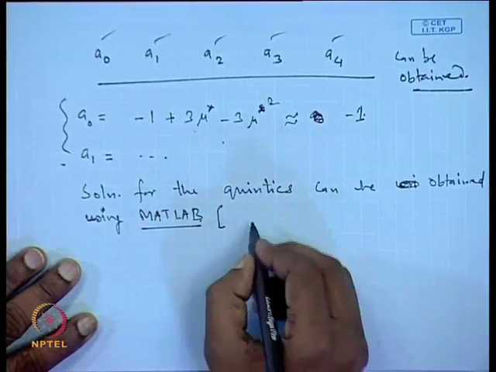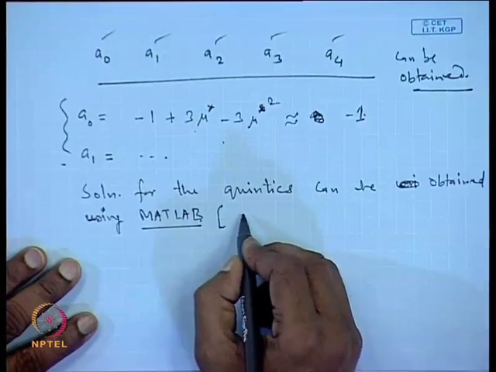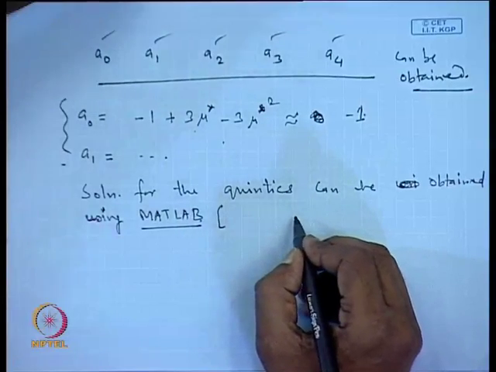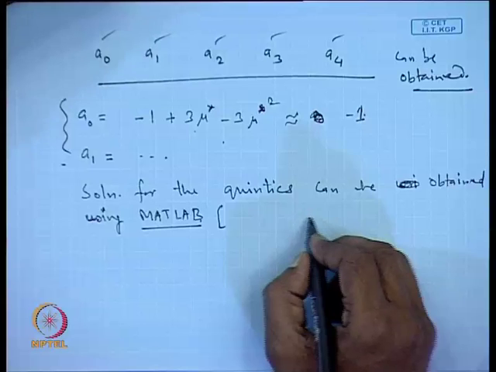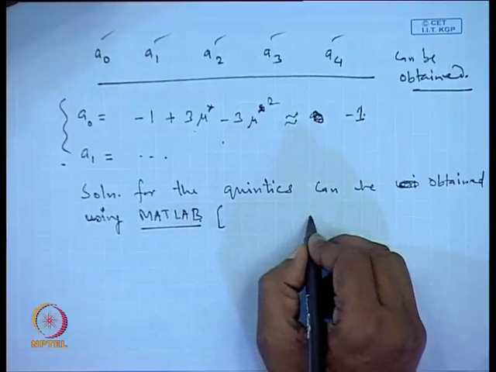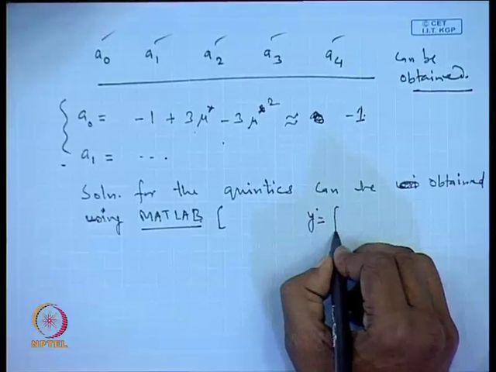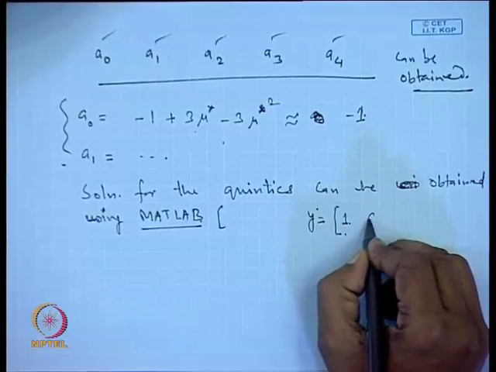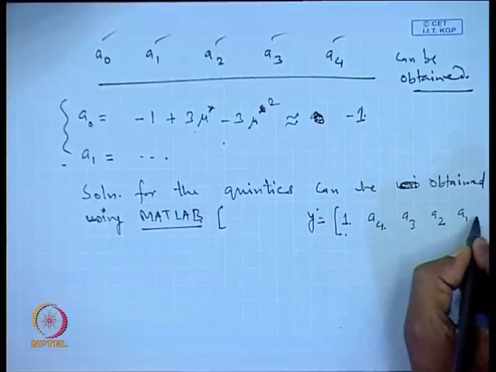What you need to do here is write the quintic equation in a format where you indicate a vector y. So, y we will write as 1 and then A4, A3, A2, A1 and A0.